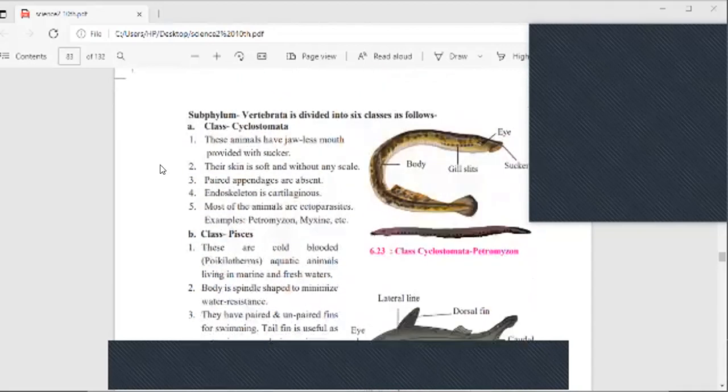Is there any difficulty concerning this Cyclostomata class? You can ask now. Sakshi Udavan, I'm audible? Pranjal Nali, hello Pranjal. Why is this class called Cyclostomata?